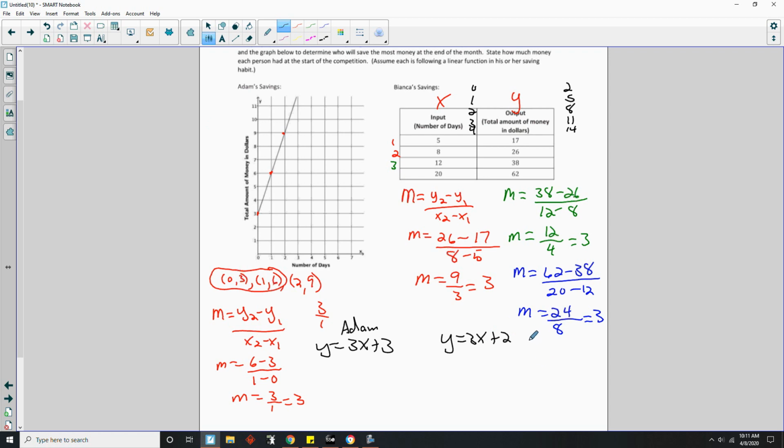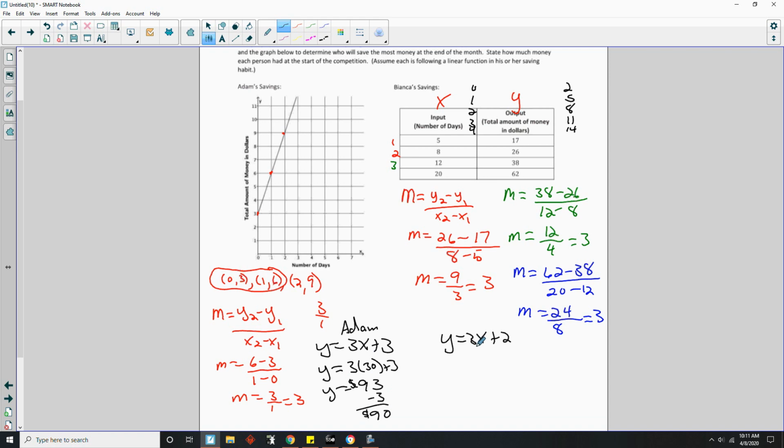Okay, so let's say there's 30 days in the month. So x is the number of days. So Adam will have saved, x equals 30, y equals 3 times 30 days plus 3. Y equals 30 times 3 is 90 plus 3. He will have $93, but he started with 3, so he will have saved $90.